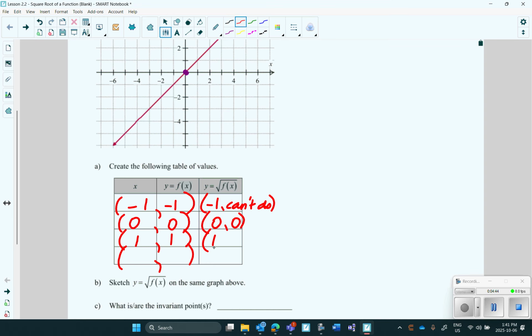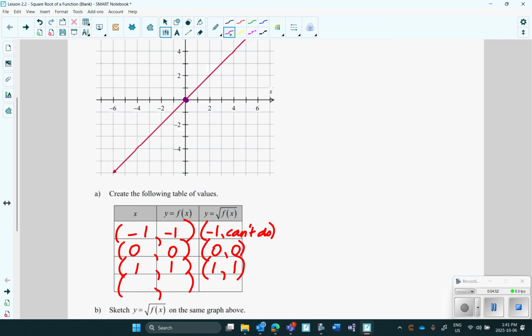What would the square root of the y value be? What would that point turn into? 1, 1 again. It doesn't change. So this would also be a point on the square root. And then you guys said, okay, how about we take 4, 4.